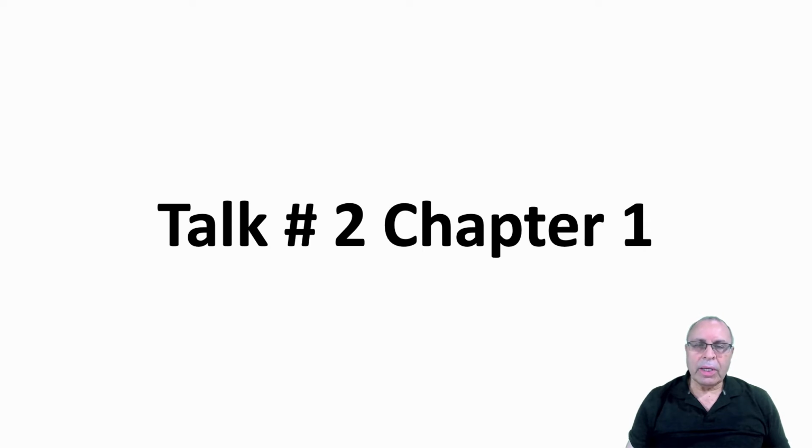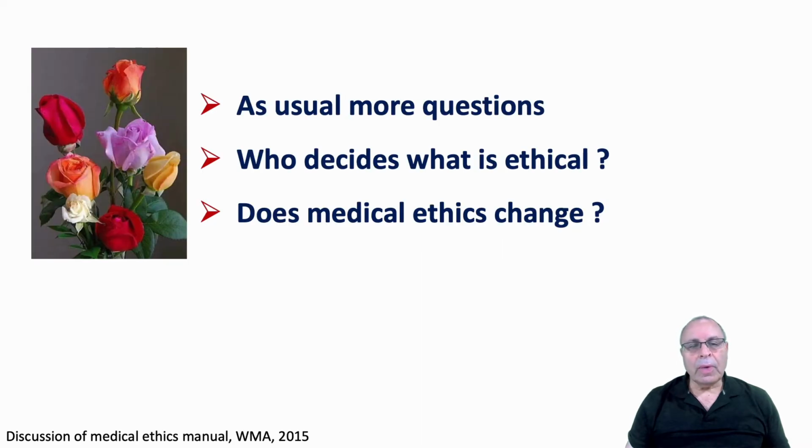So today we're going to continue with talk number 2, chapter 1. As usual, the book has a lot of questions, so today we're going to be dealing with some of those questions. The first question is, who decides what is ethical? This is a general question, and we'll specify the answer for healthcare professionals.